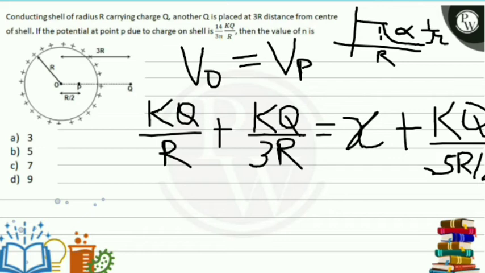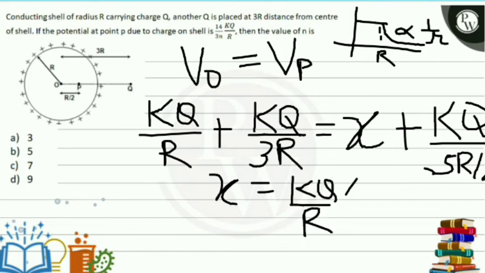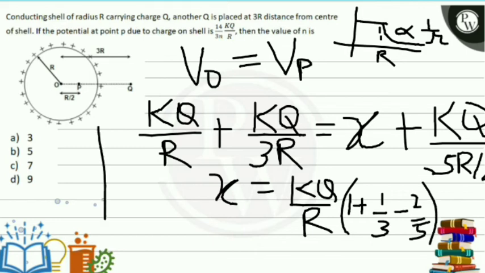So now this is a very basic algebraic equation, we can easily solve it. The value of x here is kq by r, we are taking it common, and in the bracket, 1 plus 1 by 3 minus 2 by 5, right? It's a very basic calculation. Let me do it here. We can take 15 as a denominator.